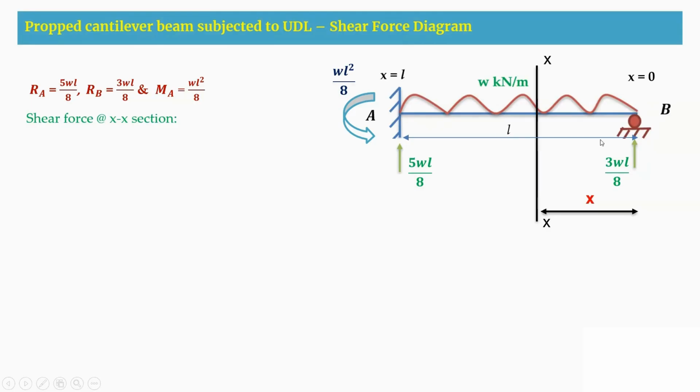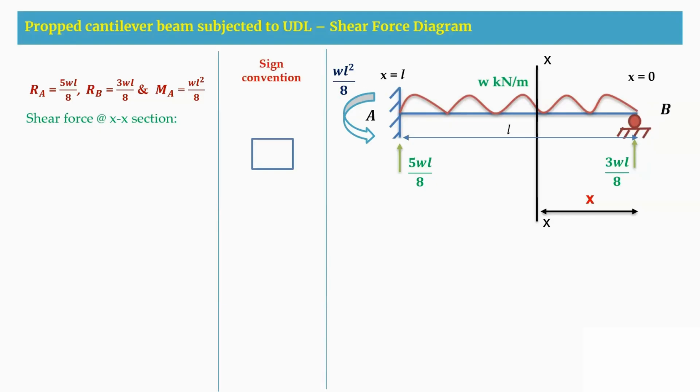Now, before writing the shear force equation at section XX, let us first recall the sign conventions for the shear force diagram. Coming to the shear force sign convention, when we take an element at any section of a beam, this is an element I am taking.